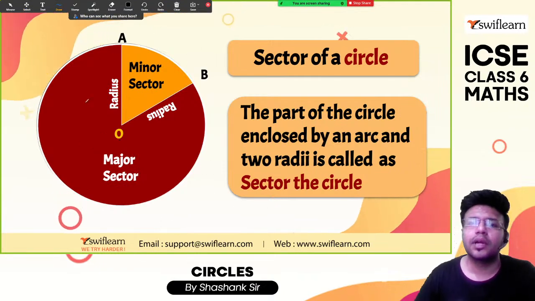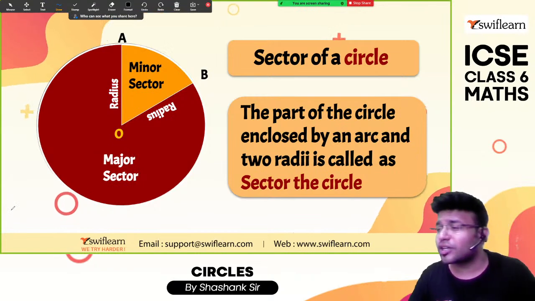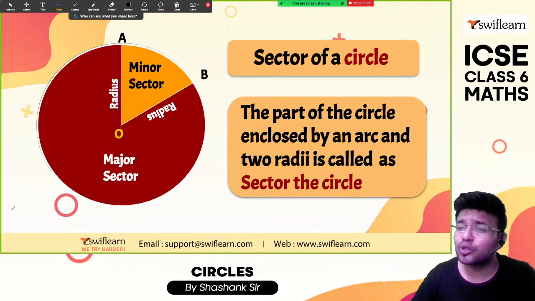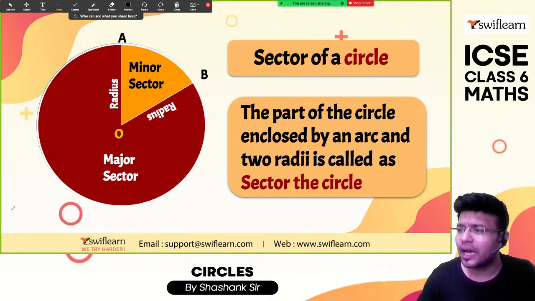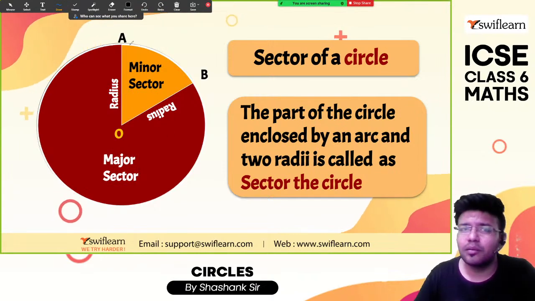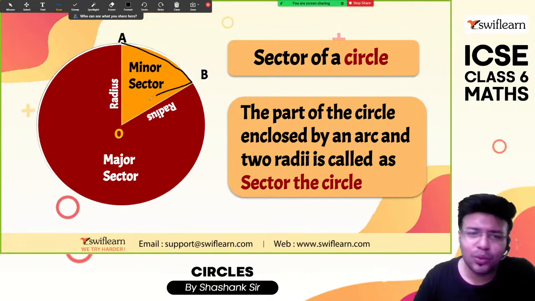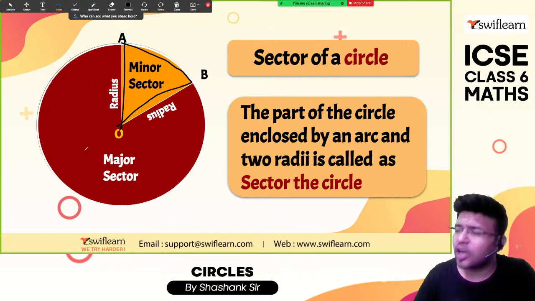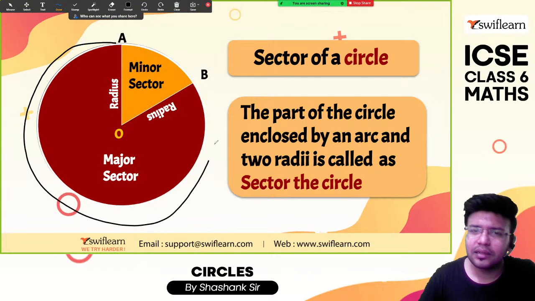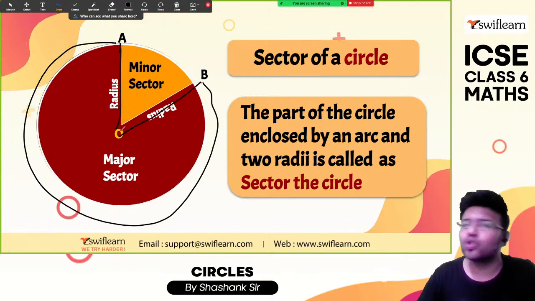Yes. Now, sector of a circle. A part of a circle enclosed by an arc and two radii is known as a sector. Sir, the opposite can also be a sector. Yes. This is also an arc and these are two radii, so these are sectors.